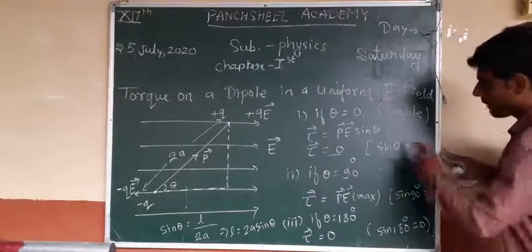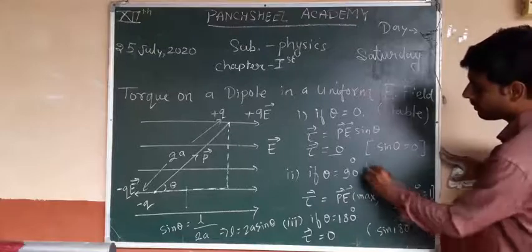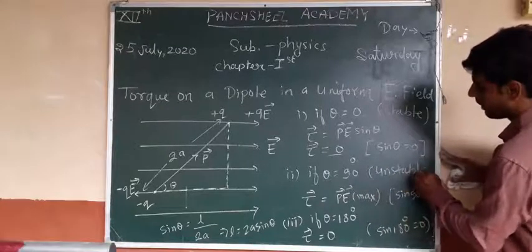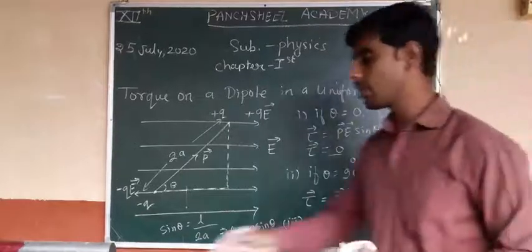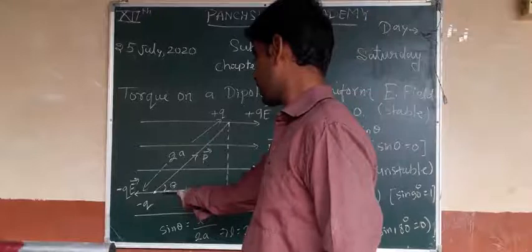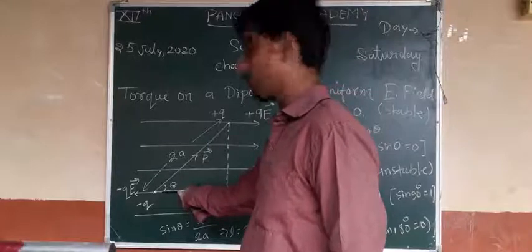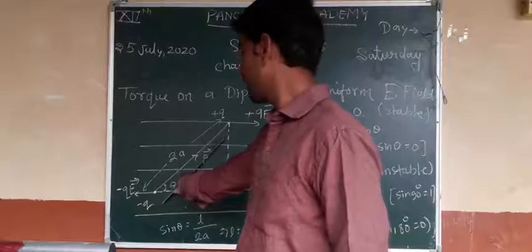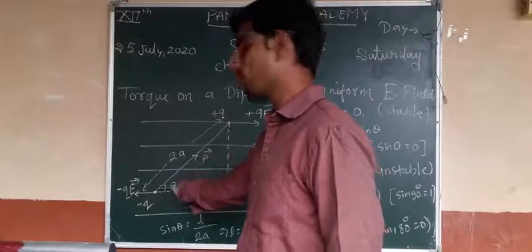We can say that this is stable equilibrium, and this is unstable equilibrium. Why is this unstable? Because for the stable equilibrium, the electric field and dipole are both in the same direction, and if we tilt by some angle theta, then it always tends to move back to its original position.